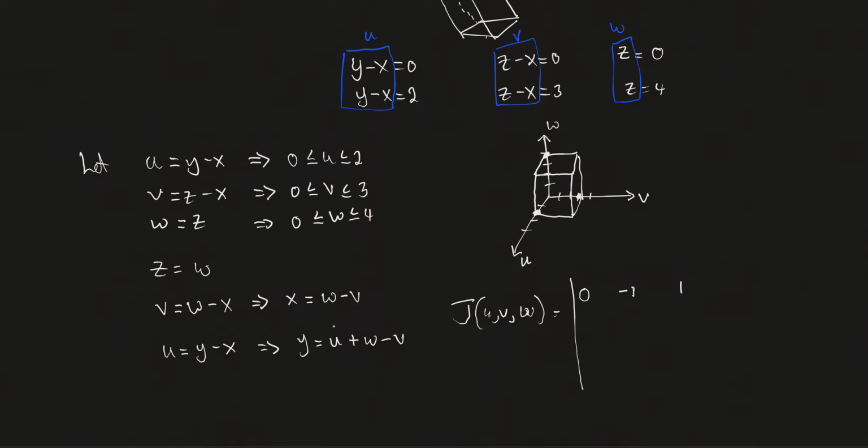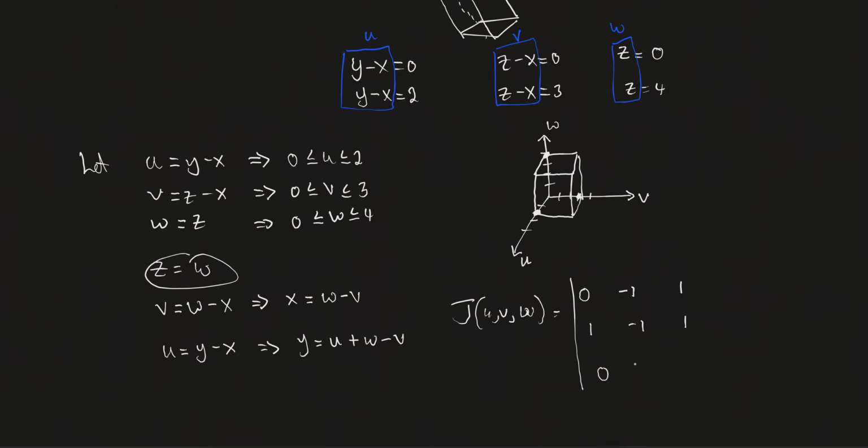Right? Now let's turn to the y equation. The partial derivative of y with respect to u is 1. Y with respect to v is again -1. And similarly, the partial derivative of y with respect to w is 1. And then finally, looking at the z equation, there's no u in this equation, so the partial derivative of z with respect to u is 0.